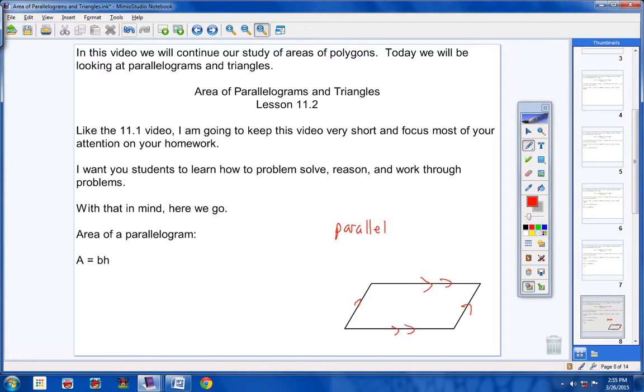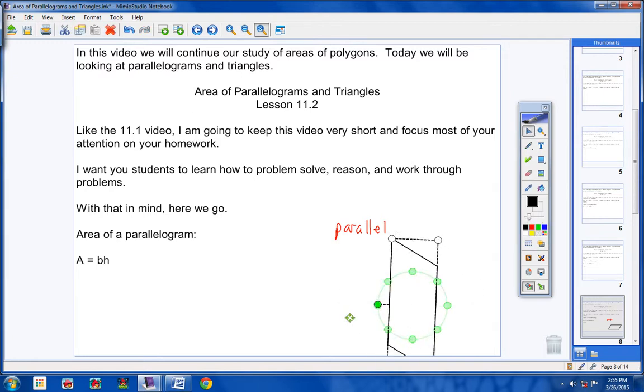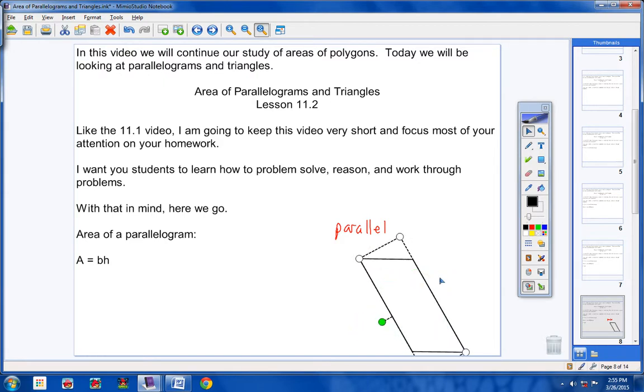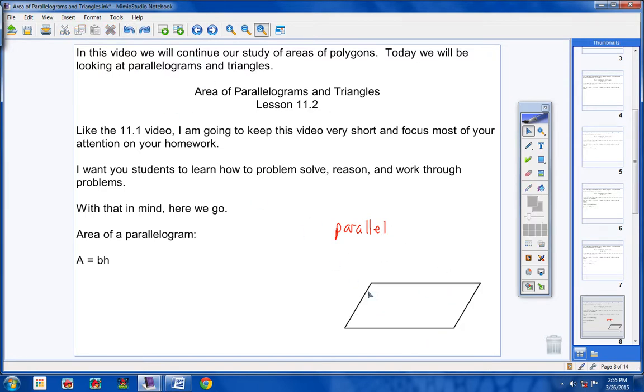I get that, but the point I'm trying to make is that your base can be any side, just depending on how this thing is turned, okay? If this entire thing was turned like this, then your base would be this side here. So the base is your parallel side, and it's the one that's running across horizontally, okay?